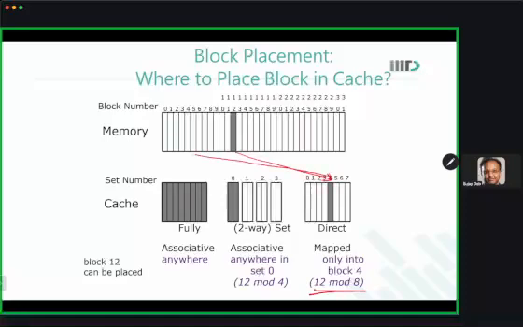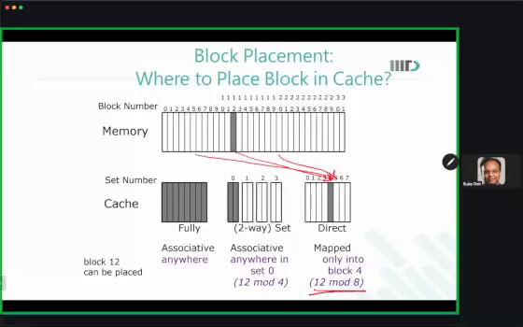Block number 20 will also be mapped to the same location. Now, let's say you wrote a program and the mapping of the data is such that you are dealing with memory block numbers 4, 12, and 20. So you need these 3 blocks to work with your variables.